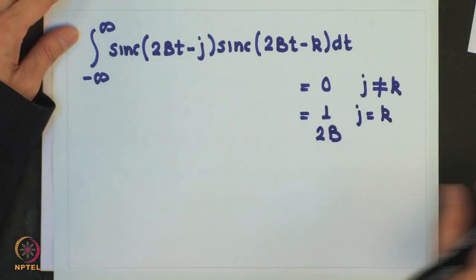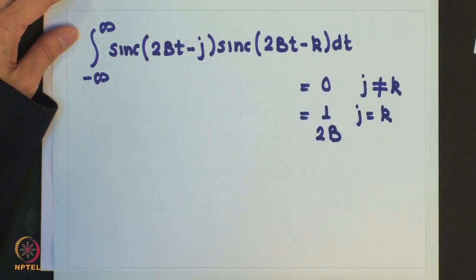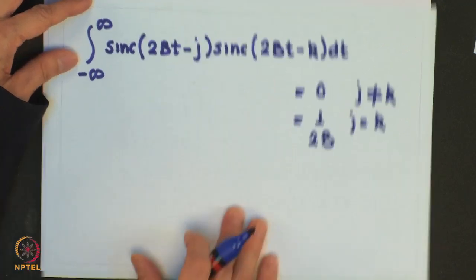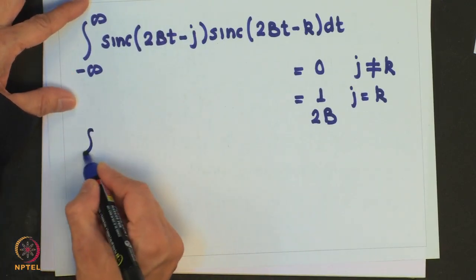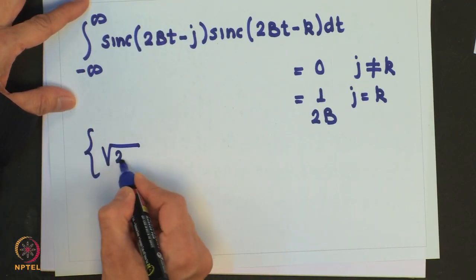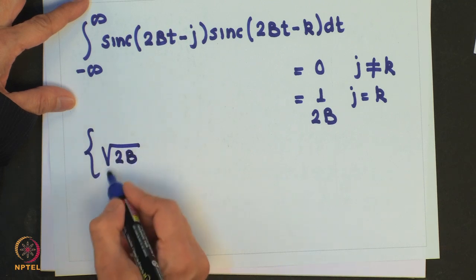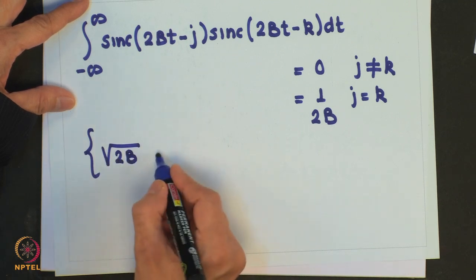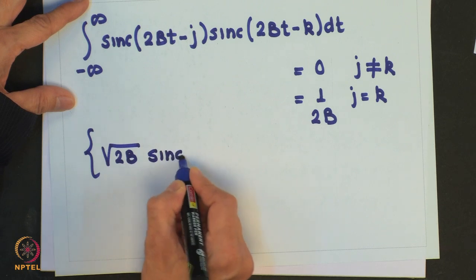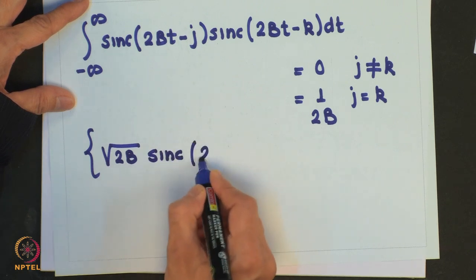So, in this case this forms an orthogonal set, and if you want to get an orthonormal set from this, we can just normalize by the square root of 2B, and then this will form an orthonormal set.